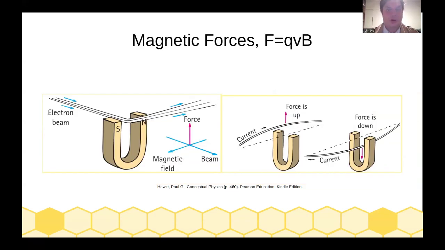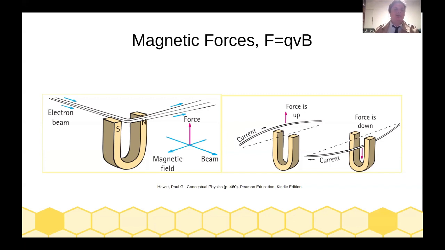We now come to the more complete and accurate version of magnetic forces, which is that force is equal to QV cross B. So in this first diagram on the left, we have an electron beam going through a horseshoe magnet where the magnetic field is pointing from north to south.